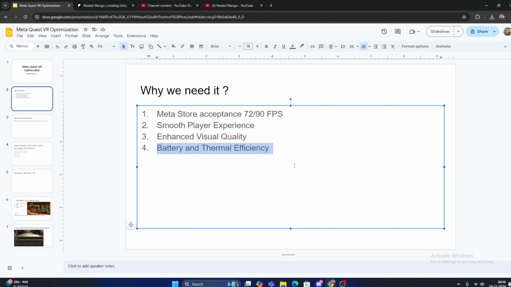So, battery and thermal efficiency. According to the Meta Store, if you are running your application for around 30 to 45 minutes, and your application is getting very hot, at that time they will also reject your application. So you have to make sure that your application is not getting hot.